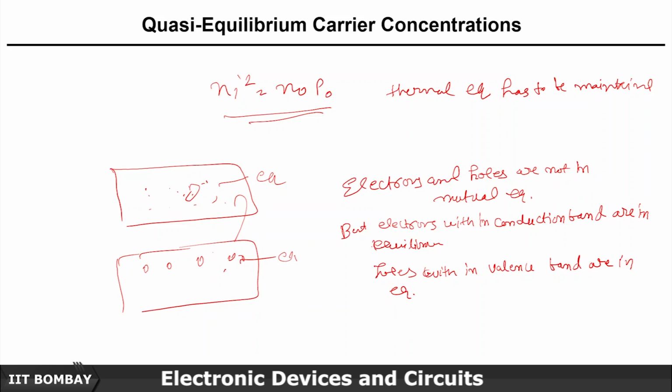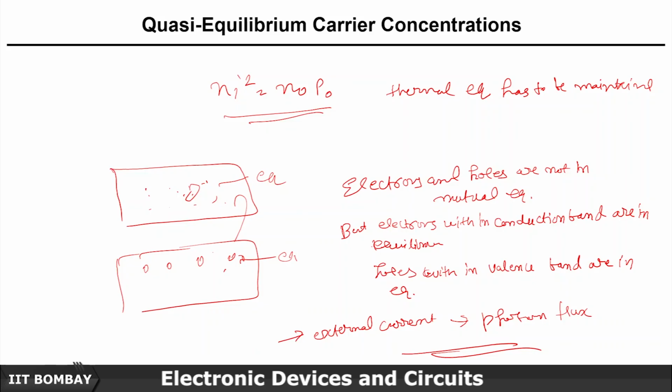So you can say this situation will arise, let's say, when an external current is there or a flux of photons is there. So how does it happen and what are those circumstances?